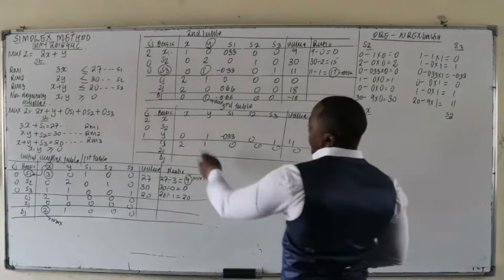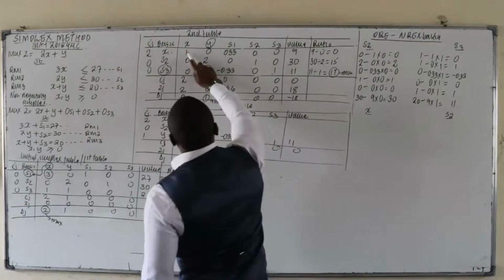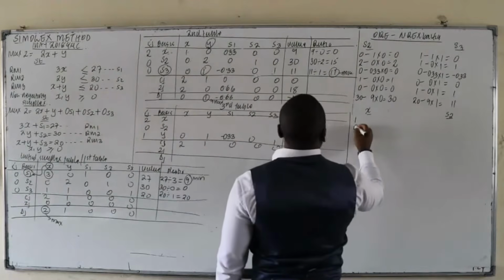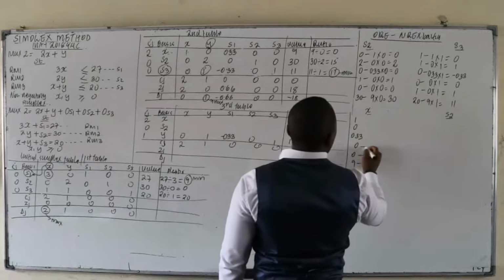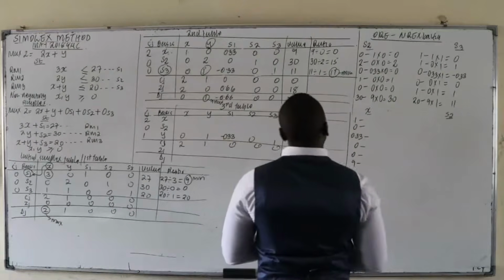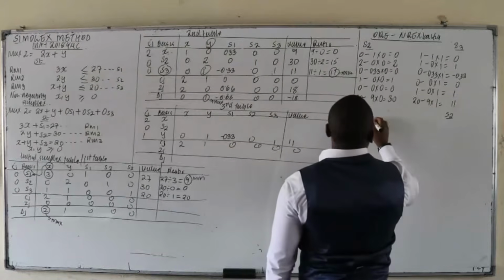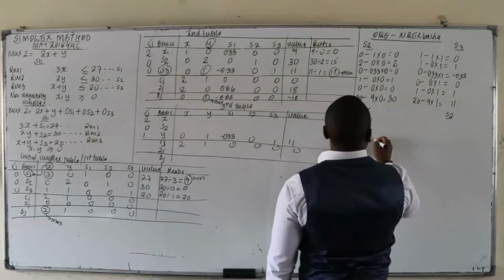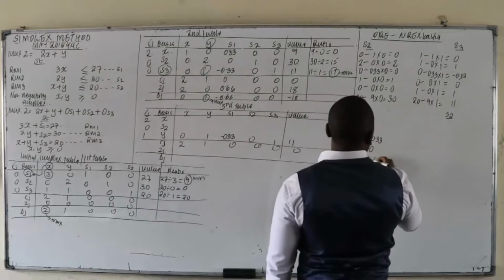So for x, the original row element, you take it from the second table: 1, 0, 0.33, 0, 0, 9. Then you minus the new row element. So these are our new row element: 0, 1, negative 0.33, 0, 1, and 11.